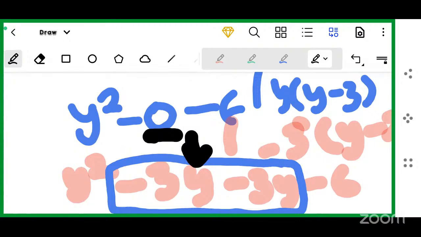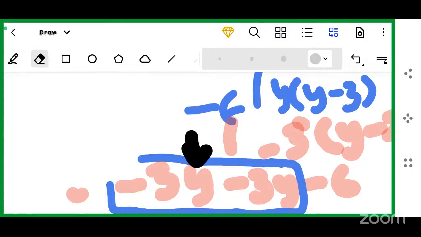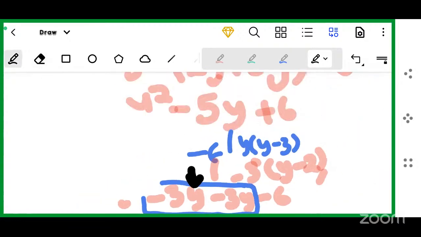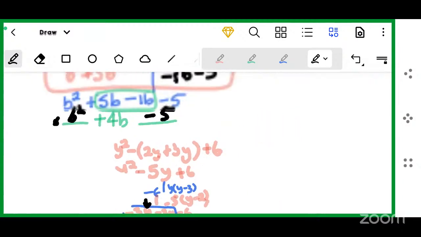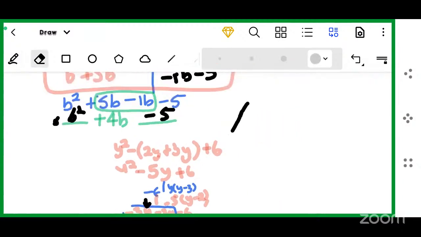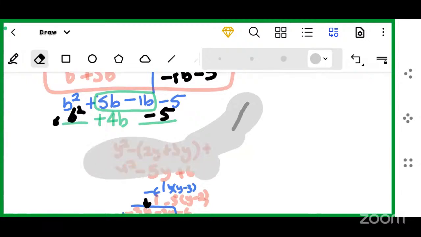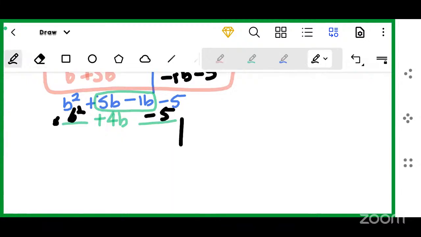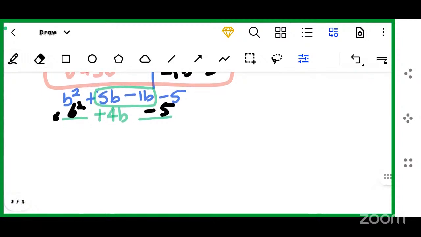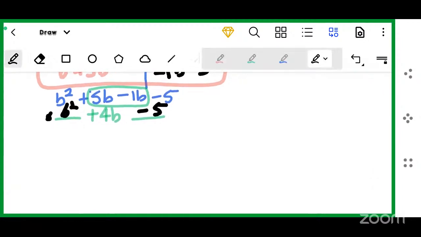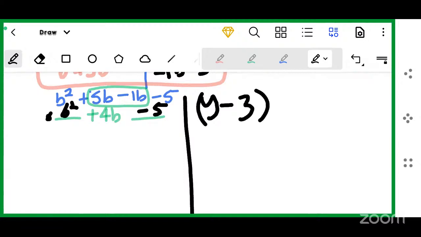So let me show you. Let me create a space so that we can do this together. The thing was y minus 3, close bracket, y minus 2.